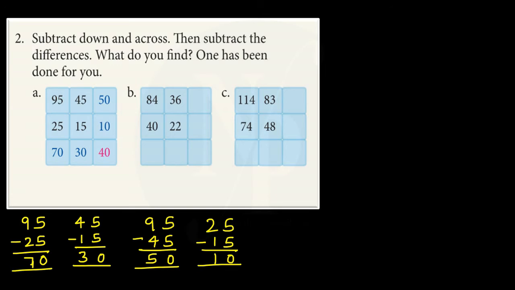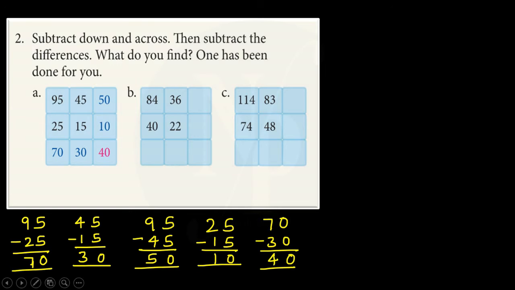And after subtracting down and across, we should subtract the differences. Means we have to subtract 70 minus 30, also 50 minus 10. Let us do that now. So 70 minus 30, on subtracting 30 from 70, 0 minus 0 is 0. 7 minus 3 is 4.